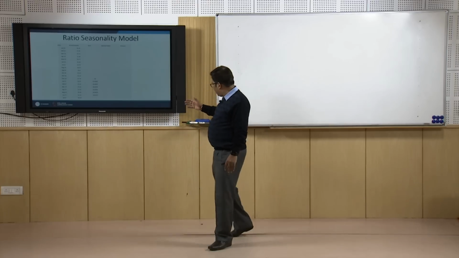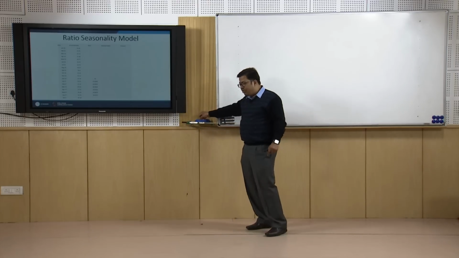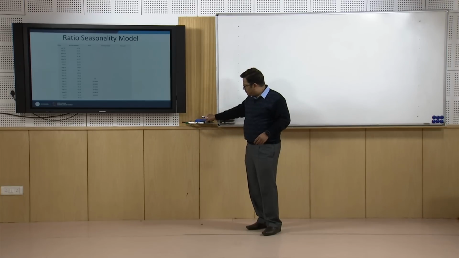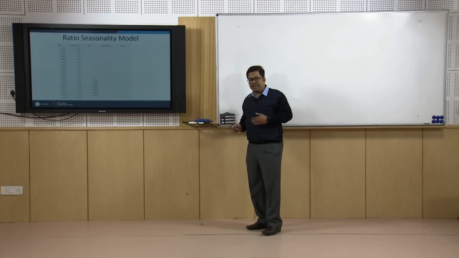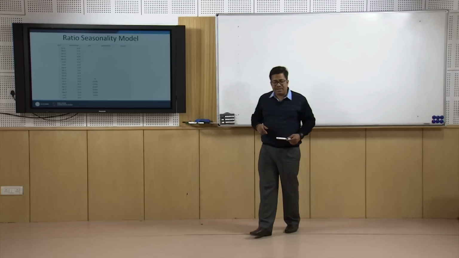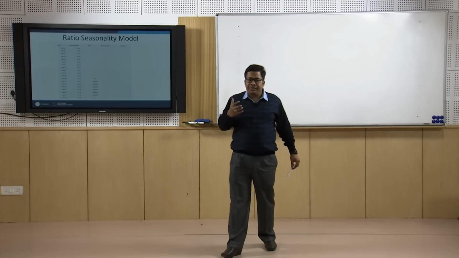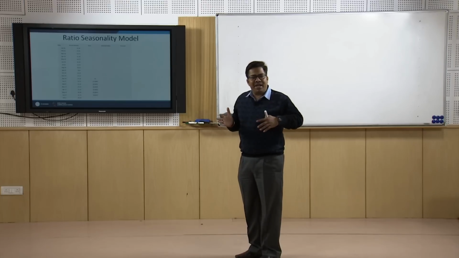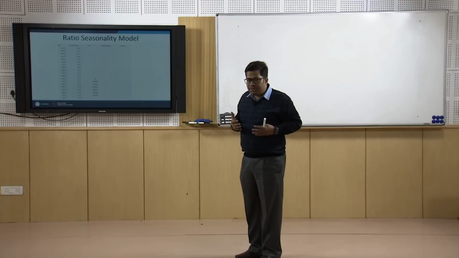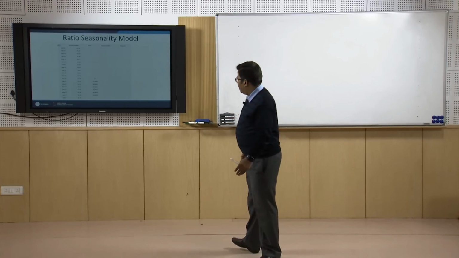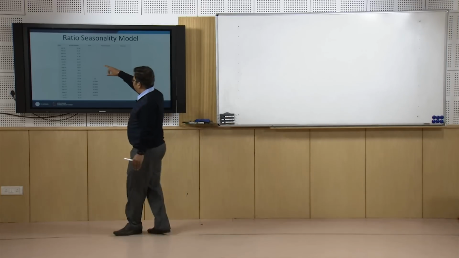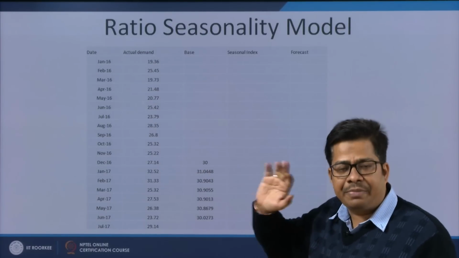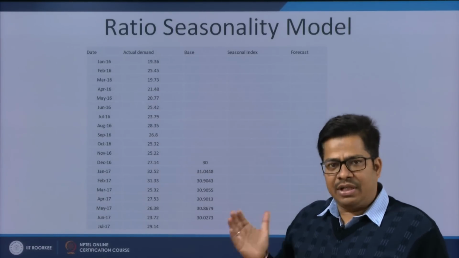But along with those forecasting error measures, we also have one more measure which will help us in deciding whether the model which we are using has any kind of bias or not. The meaning of bias is this: here is the actual demand, 1925, 1921, and so on.